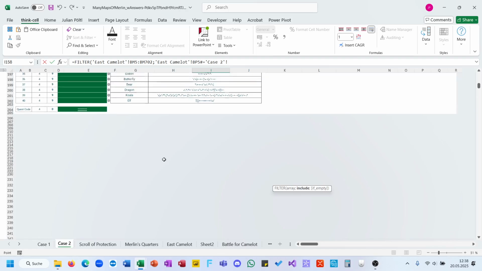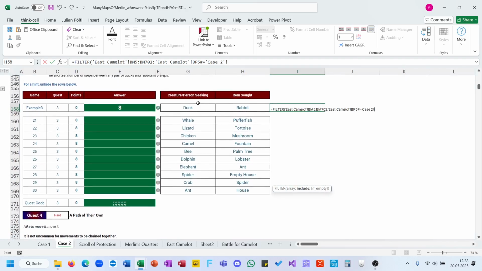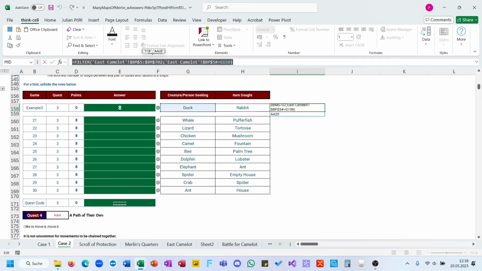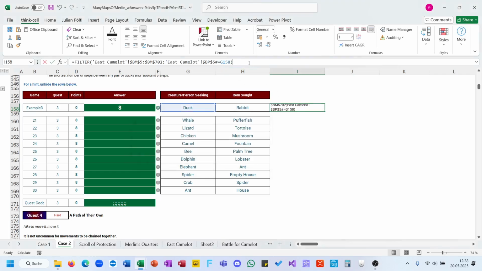Case 2. Hello. Oh no, not here. Here 2 starting cells and oh no, I'm getting this error.